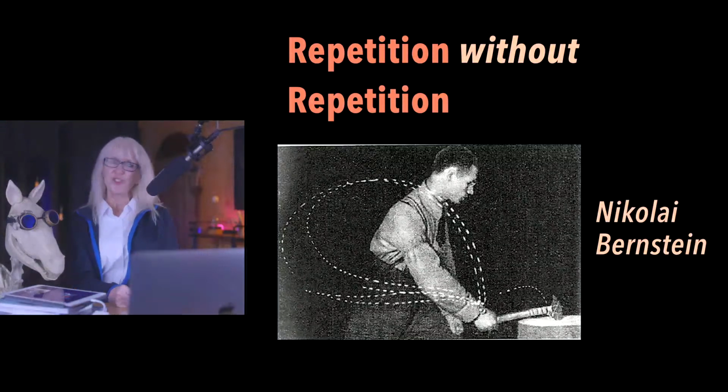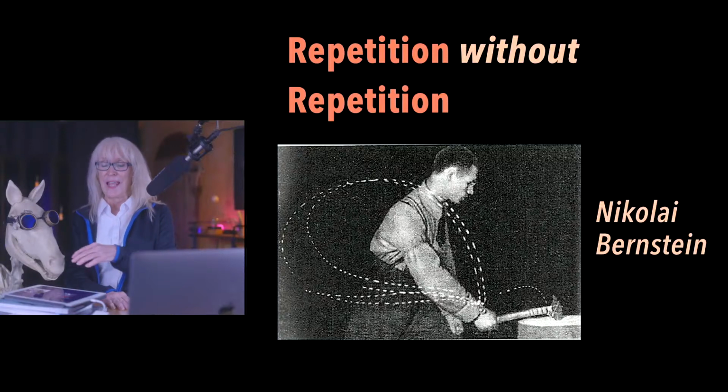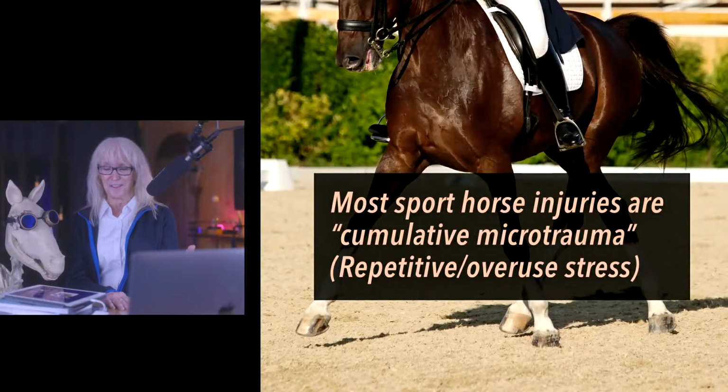But this shows the path they took to getting there. Every repetition was a different ratio of coordination to do it. Every single repetition of the exact same movement that produced the exact same result. So he coined this term in this science, which is repetition without repetition. It's that every single rep is different. And so there must be a reason for that, right?